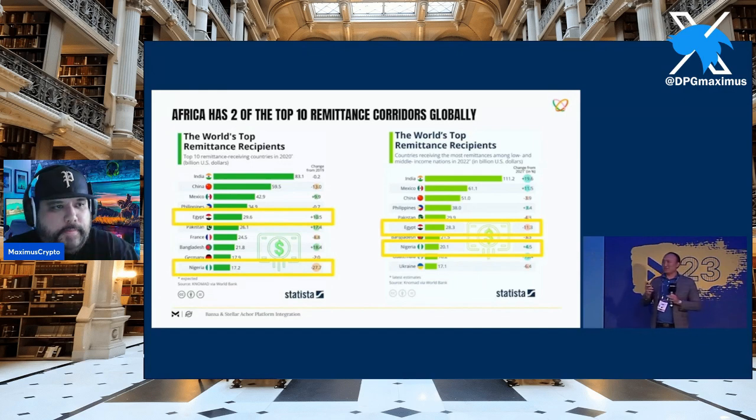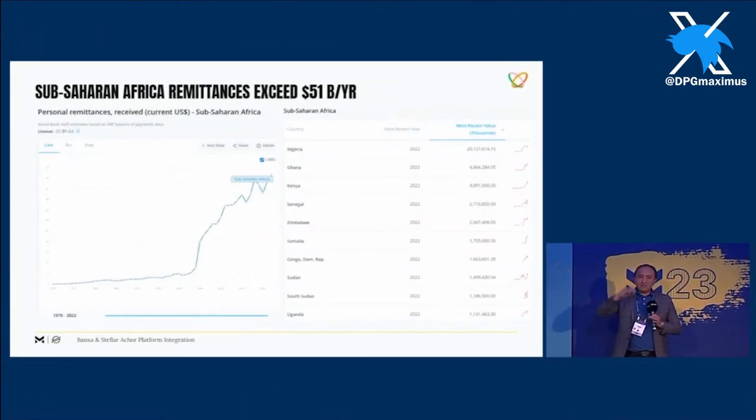But not only is there a lot of money being moved, in sub-Saharan Africa, there's a lot as well. Egypt and Nigeria being the top two, but across all of sub-Saharan Africa, we're talking about now over 51 billion overall. Nigeria, of course, trumps everything else. The next few, Ghana, Kenya, Senegal, are important ones as well.